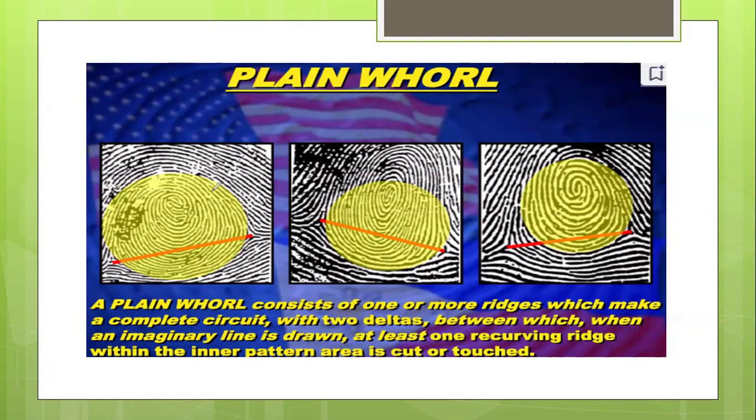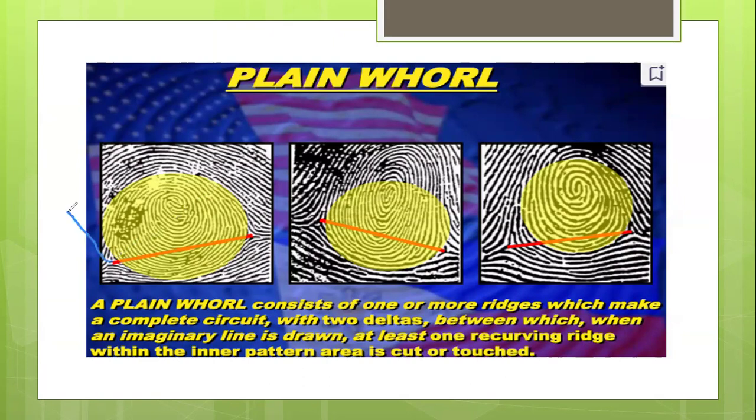So, what's the qualification? It must have a circuiting ridge inside the pattern area. Any variant of a circle, at least a circuiting ridge or ridges. Another qualification is if an imaginary line is drawn between 2 deltas, at least one circuiting ridge must touch the imaginary line. In this illustration, we are drawing an imaginary line from the left delta to the right delta.